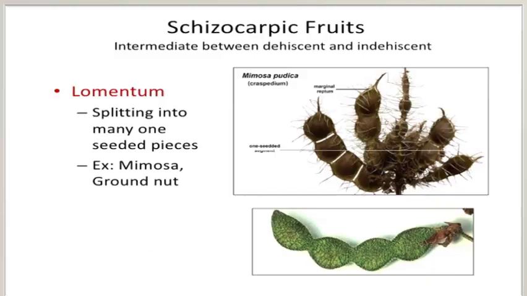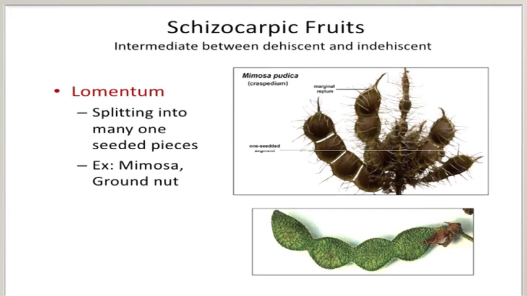So in schizocarpic fruit we have lomentum. Actually, lomentum is a legume or a pod modified by the formation of a false septum and constriction. So it is called lomentum.